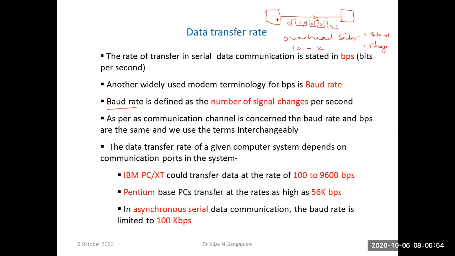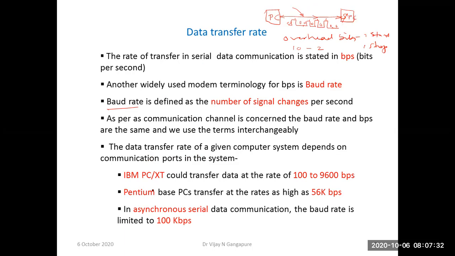If we assume this is a computer system, a PC, and this is another serial device, and we are having communication between this computer system and this serial device, how much data transfer rate is possible between these two devices? It depends on the communication ports in the system of this PC and in this serial device. It could be anything, it could be another PC.